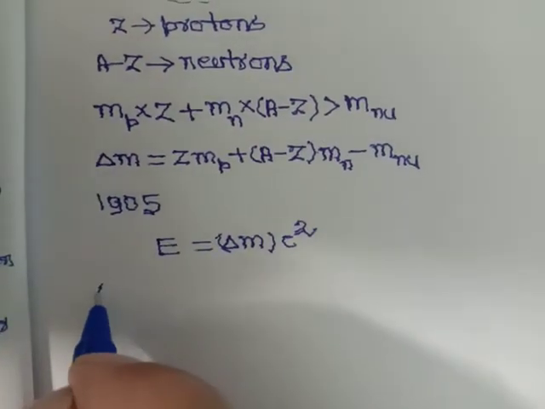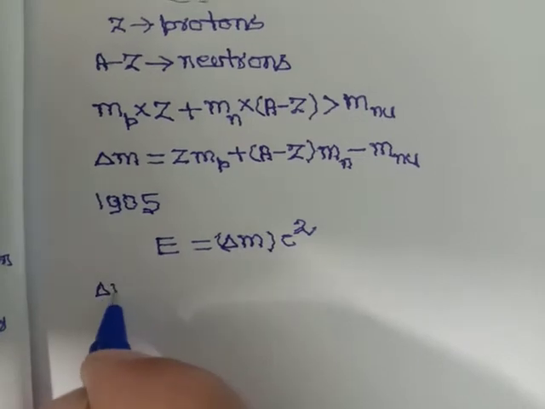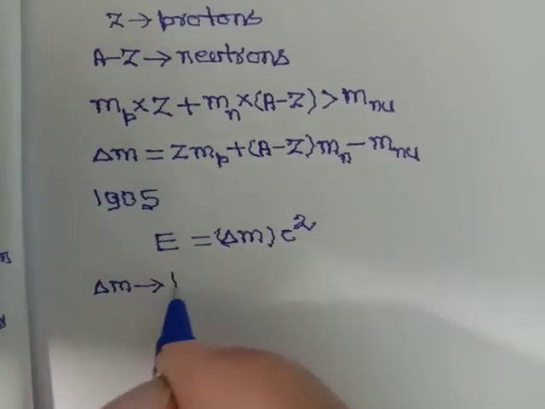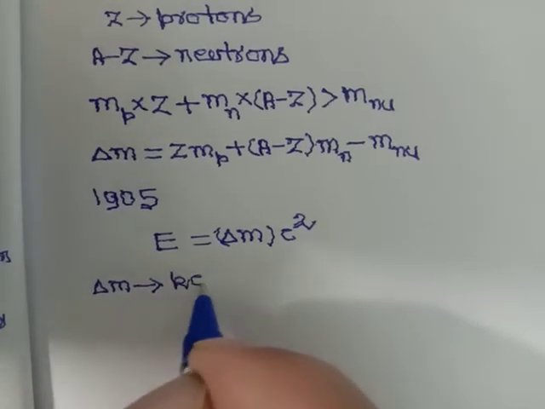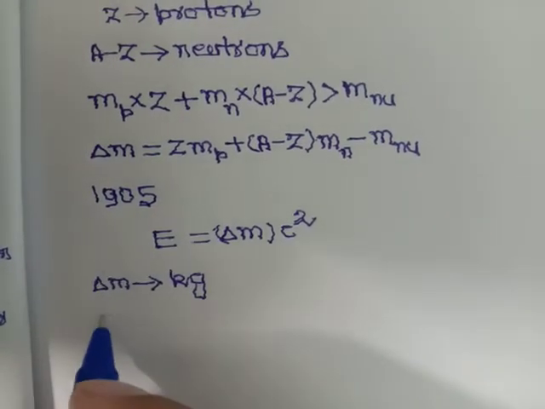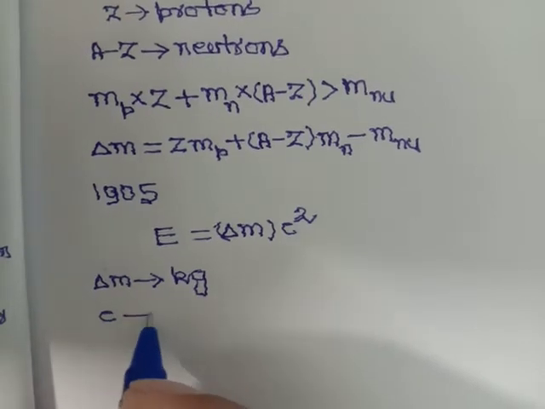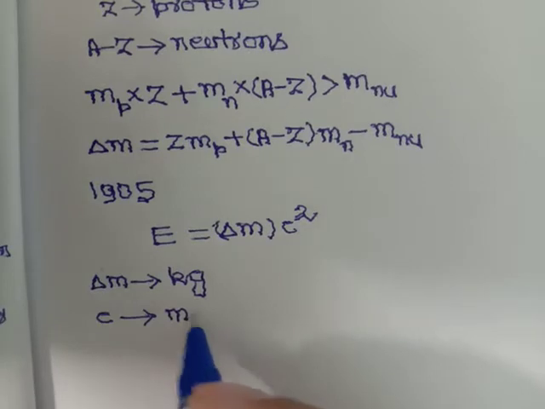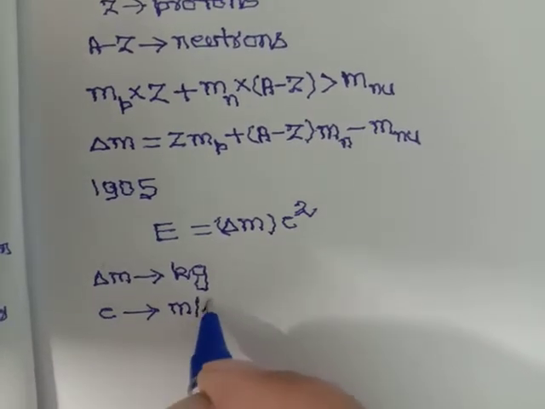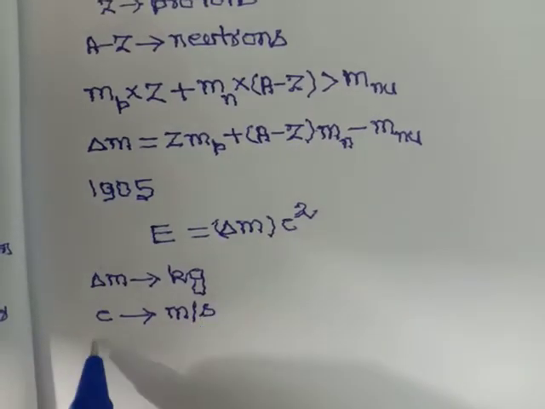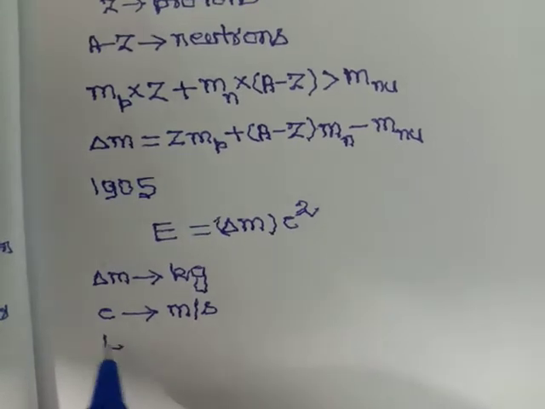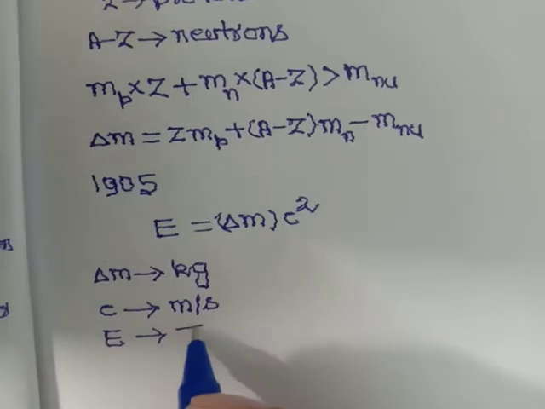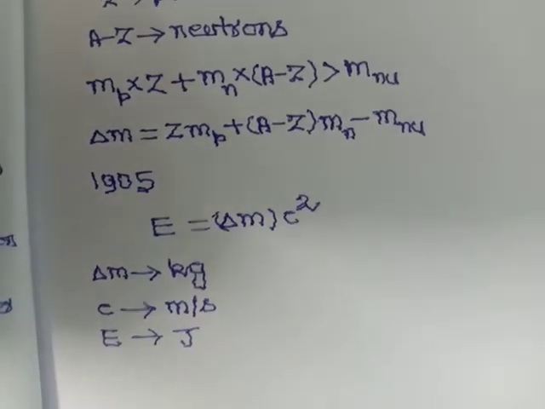So if delta m is in kilogram and c is the speed of light in meters per second, then energy will be in joules, right?